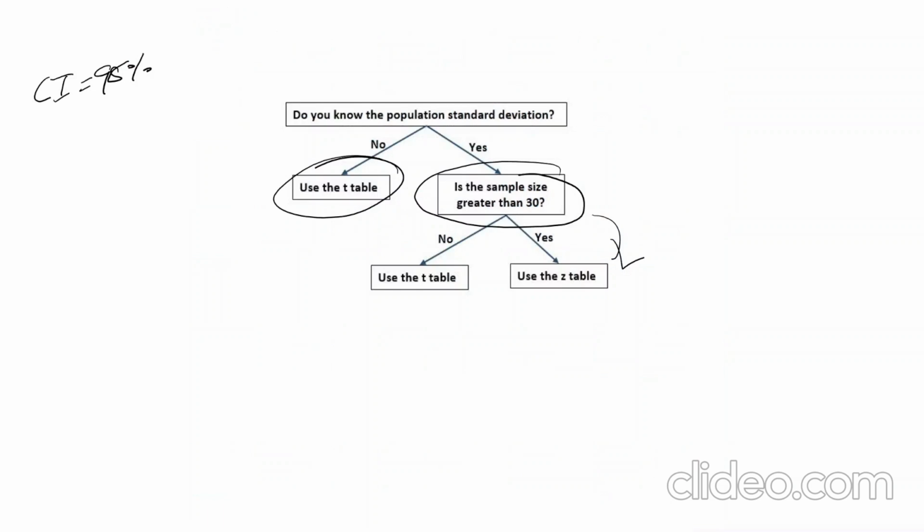So plug in this 1.960. Then, as per the t distribution, the confidence interval range is given by mu plus or minus E. E is the margin of error.